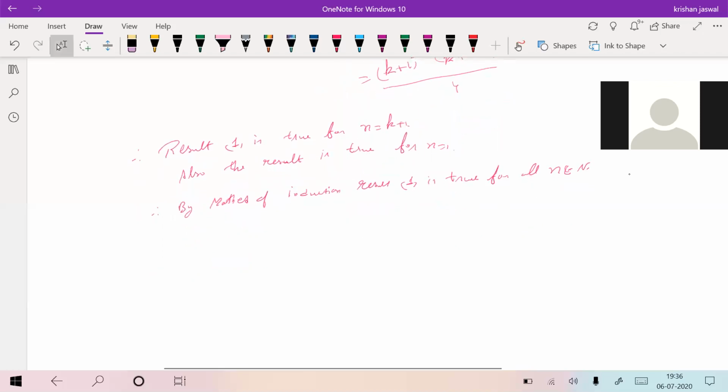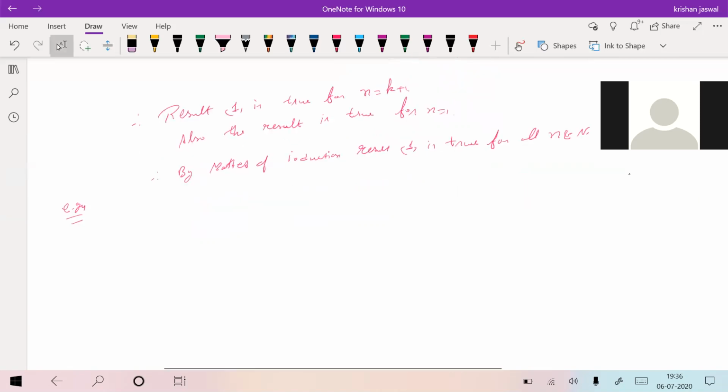Now example number 4. Use the principle of mathematical induction to prove that 1 over 2 plus 1 over 4 plus 1 over 8 plus so on plus 1 over 2 power n is equal to 1 minus 1 over 2 power n.